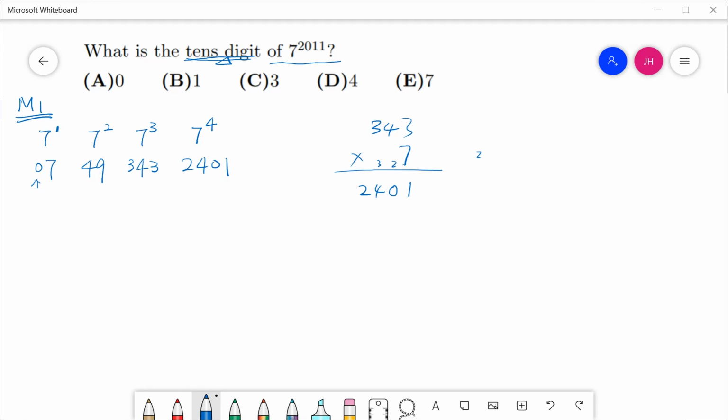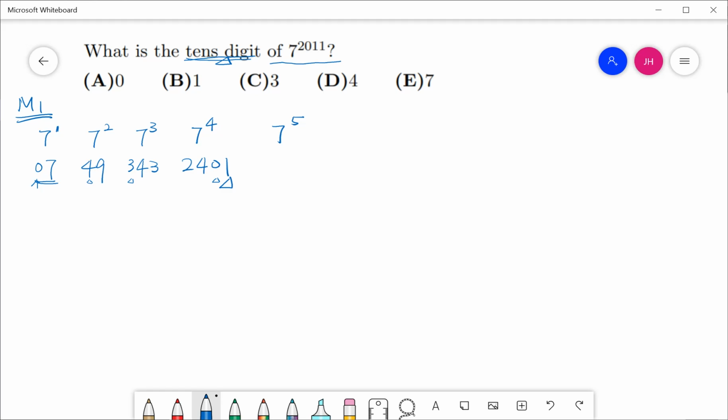So are there any patterns here already? 0, 4, 3, 0. Not much, huh? But actually we like this: 0, 1. So 7 times 0, 1. There is a pattern here. All right, so let's check 7 to the 5th.